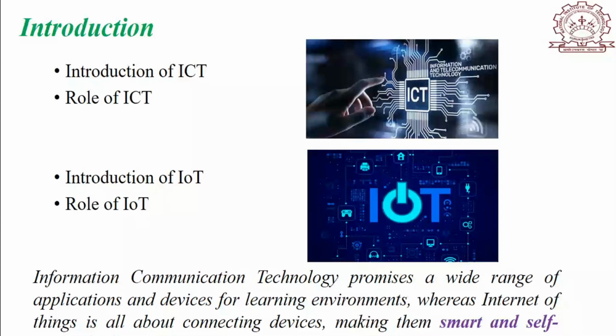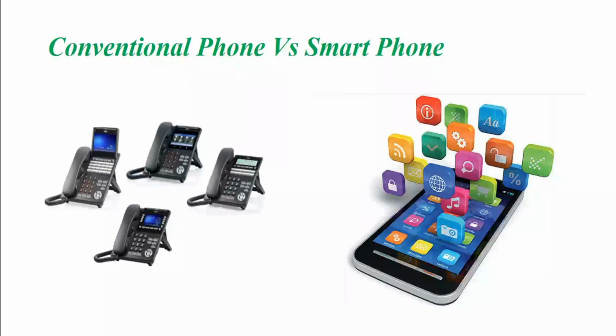So with the addition of some sensors, we have made our phone a smartphone. The main additional component here is some sensors, which get input and feedback from some parameters and behave accordingly. This is the example I have just given: conventional phone versus smartphone.